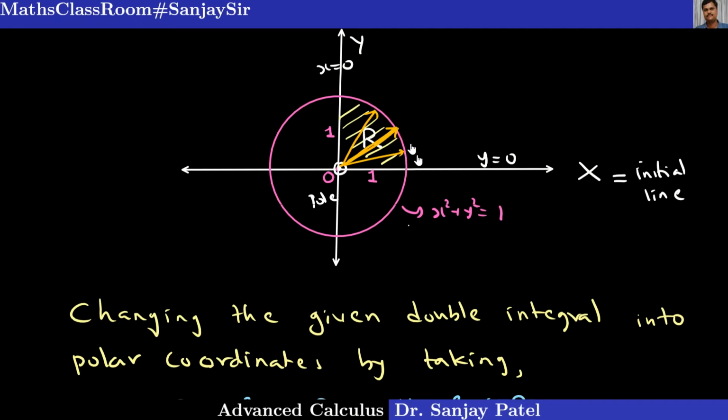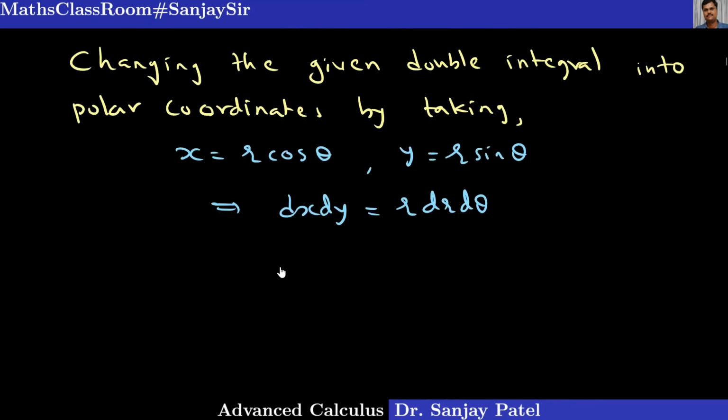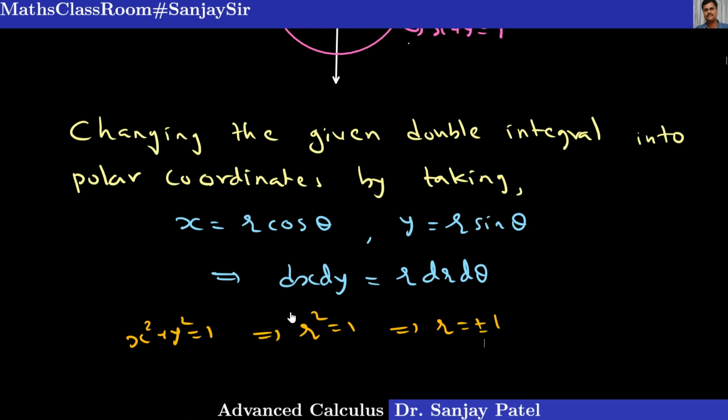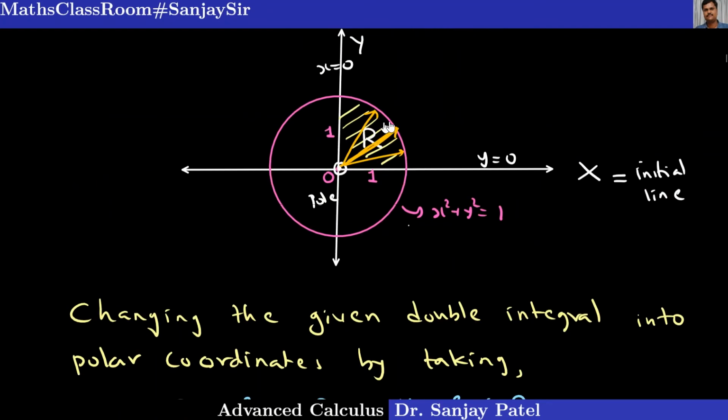So what is the equation of this circle in terms of polar coordinates? We know that x square plus y square is equal to 1 means r square is equal to 1. So the equation of the circle is r is equal to plus or minus 1, but I will take r is equal to plus 1 here in this positive direction.